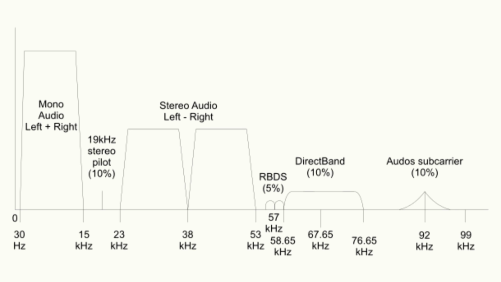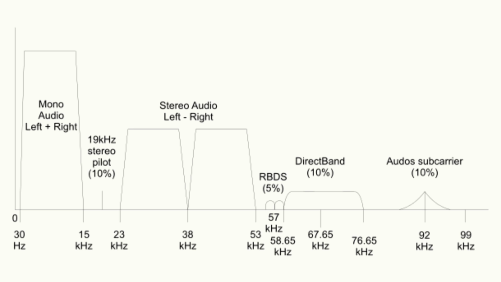Now, as we continue up the spectrum, you will see that at 57 kilohertz there is about 5% of carrier power used for the RDS service, which is your data: name of the artist, traffic information, radio station ID, whatever they want to spit out that makes your radio scroll text as you're listening.